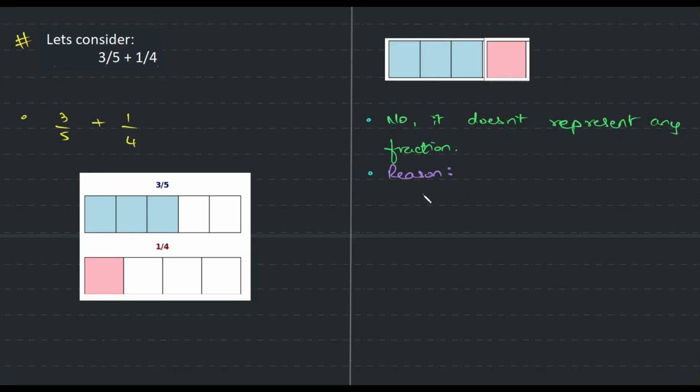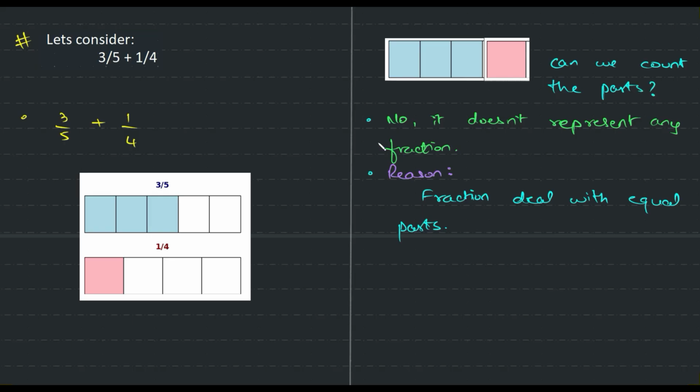Yes, because fraction always deals with equal parts. So here the parts are clearly not equal, and so we cannot count this. The question is, can we count the parts?